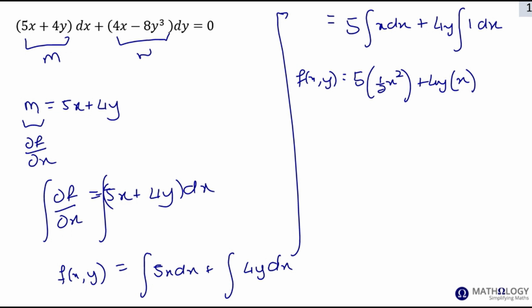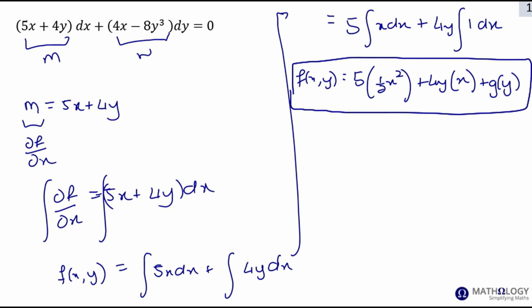Now, normally we add C for the constant of integration, but because we are dealing with a function of x and y, this constant we're going to refer to as another function, but a function only of y, such as g of y. When we differentiate this expression for f with respect to x, we're coming back to this, we integrated with respect to x.